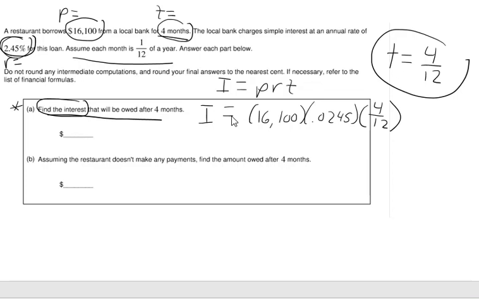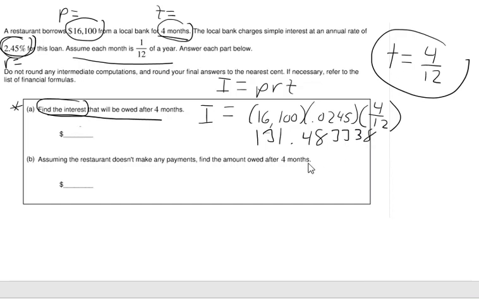Leave that answer in your calculator and then multiply by your 0.0245 and then multiply by the 16,100, okay? And that is going to give you $131.48.